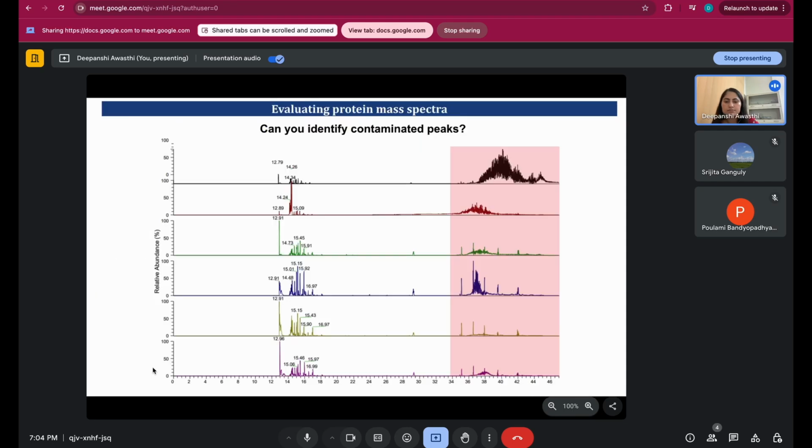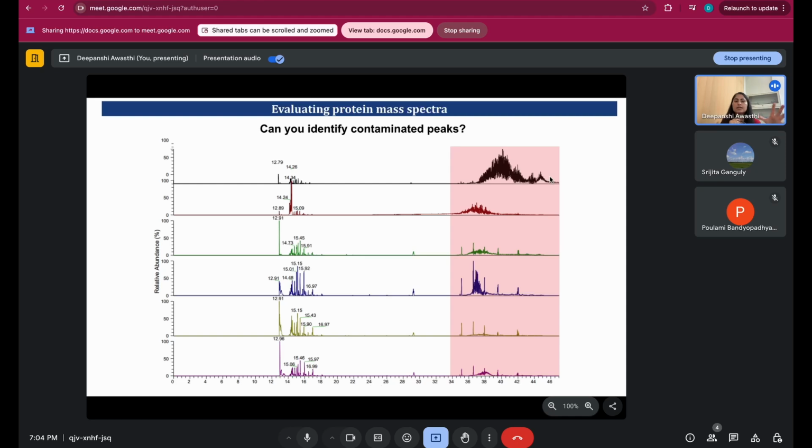In this, I am showing how contaminations are observed. For example, if this is your spectra and this is the relative abundance among different mass spectra, and suddenly you see very high intensity peaks towards the end of the column, what is happening here?